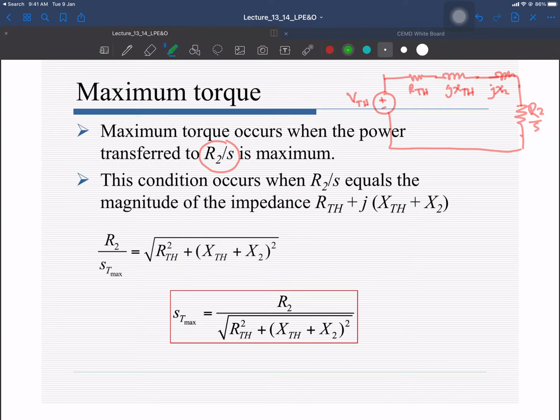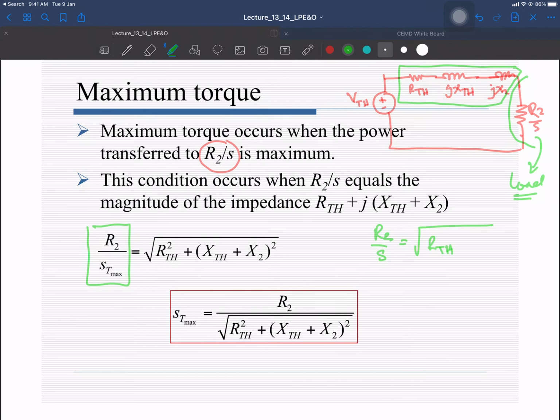Let's consider for the time being that R2 by S is going to act as the load. The maximum power will be extracted by this R2 by S when it becomes equal to this part. So I can say that R2 by S should be equal to the square root of R Thevenin squared plus (X Thevenin plus X2) whole squared, the magnitude of this impedance, right?